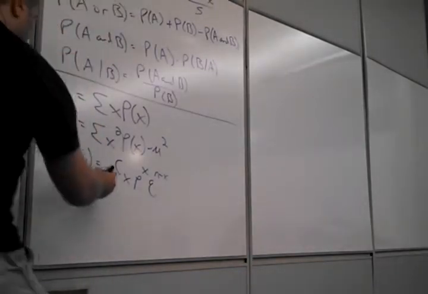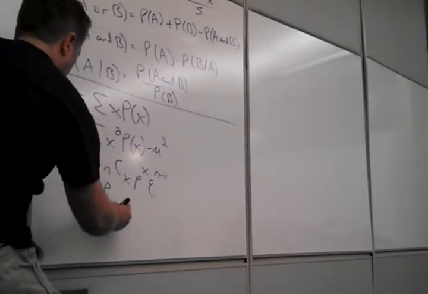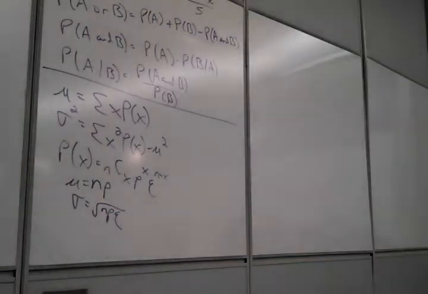So mu is np. What was sigma? Square root of npq. Okay. So that takes us through chapter 5. And again, if I'm you, I would double check all of these formulas in the book just to make sure that you're reading what I'm writing correctly.